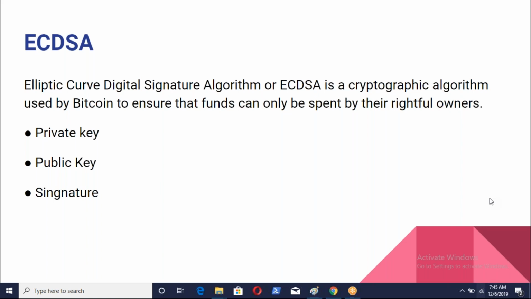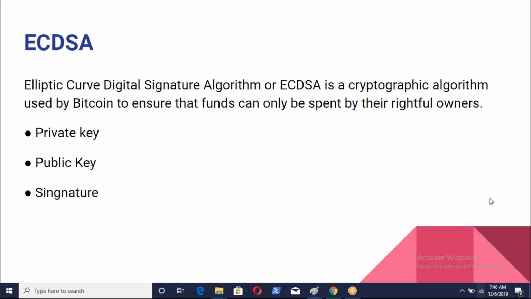And here, the public key and private key. What are these? Once the wallet is created, as I told yesterday, we use a passphrase and create a password too. Once the registration process is completed, the wallet automatically creates the private key and public key.